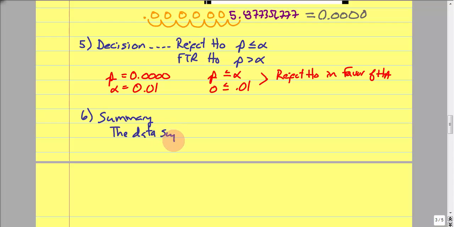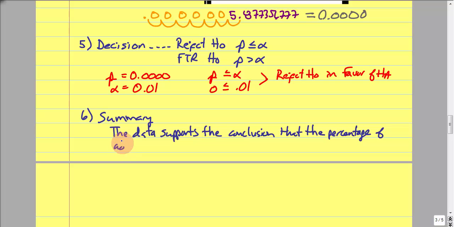So the data supports the conclusion that the percentage of adults who say that not reporting all of your income on your taxes is not equal to 70%. That would be one way to say our summary.